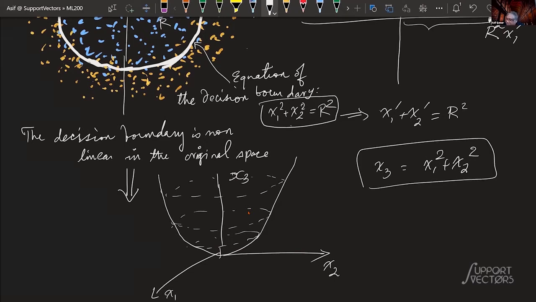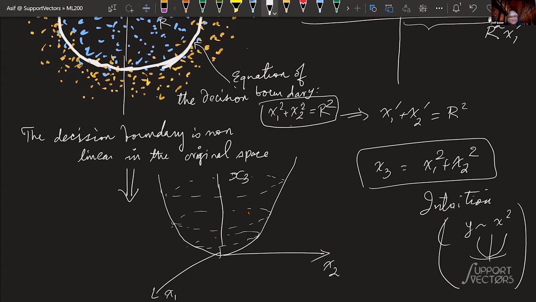It's very easy to see if you just forget x2 and think in terms of intuition. What does the equation y is equal to x squared look like? It looks like this. That's the intuition. I just generalized it to 3 dimensions.